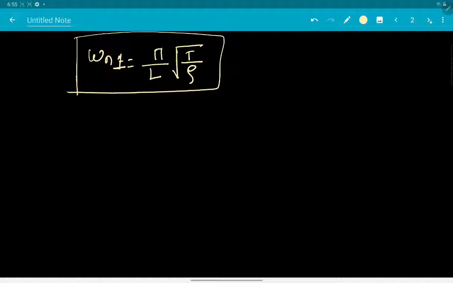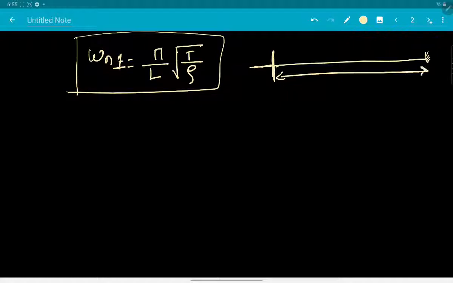Let's say you have a string instrument. One end of that string instrument is fixed, and you change the other fixed end by holding it at a certain location. Depending on the location at which you hold it, that much length will be selected.